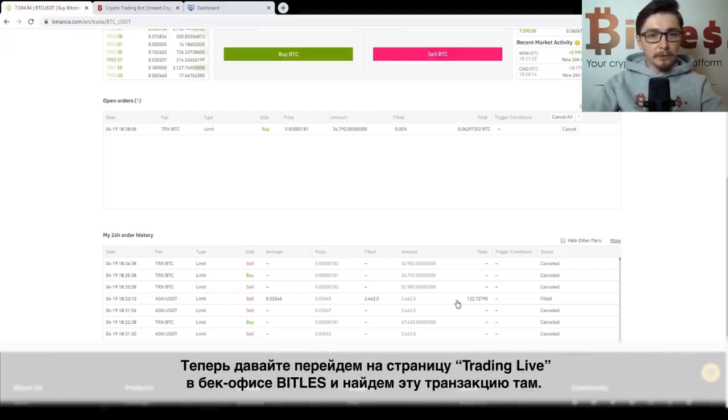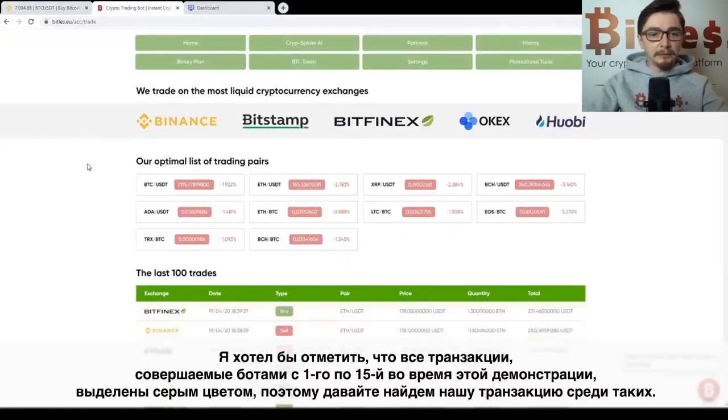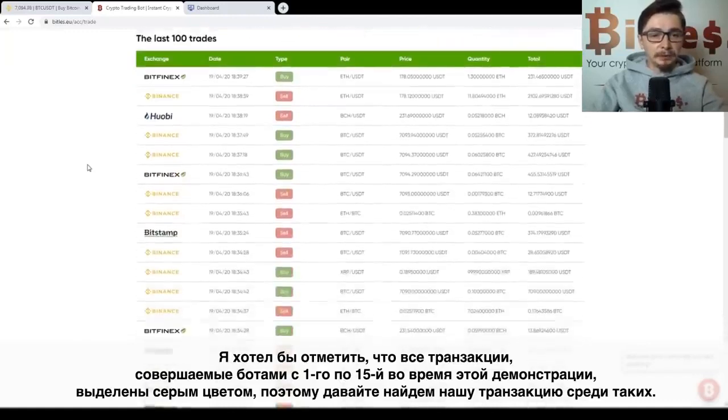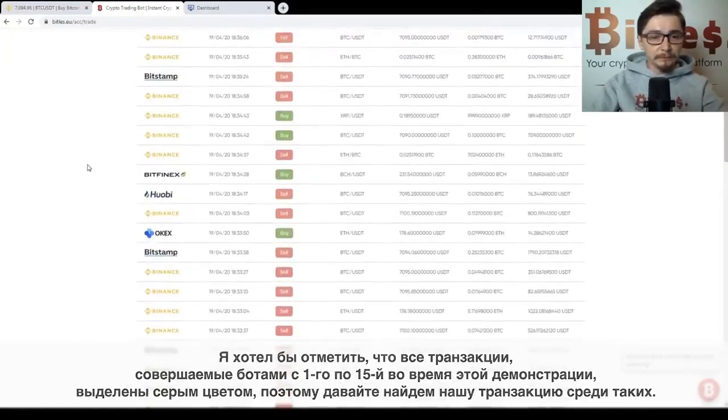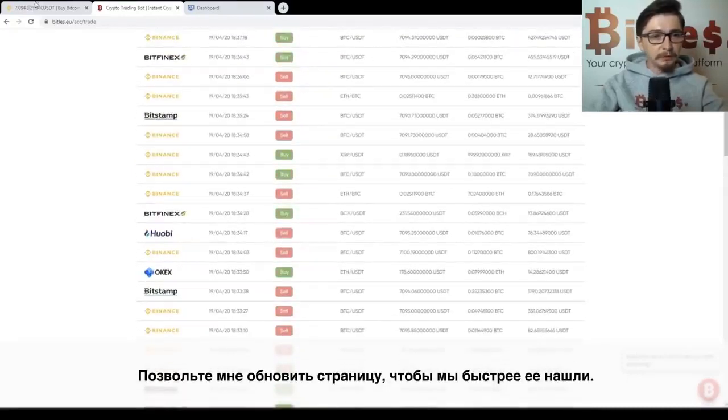So now let's go to the Trading Live page at our Beatles back office and find this trade there. I would like to mention that trades made by our bots from 1st to 15th one during this demonstration are highlighted in gray, so let's look for our trade among such ones. Let me refresh the page so we would find it quickly.